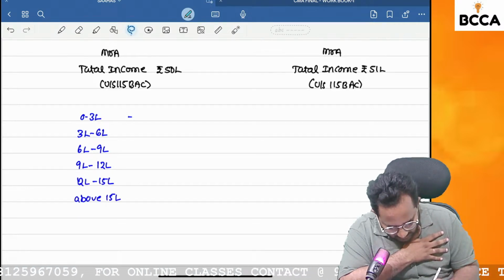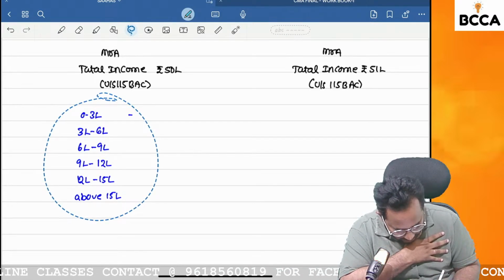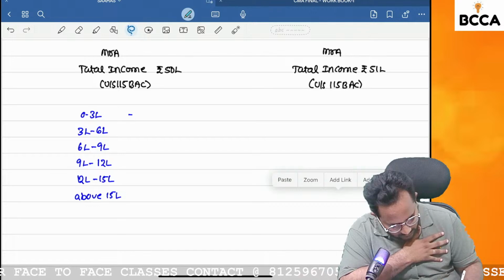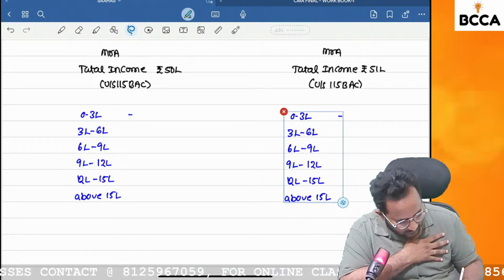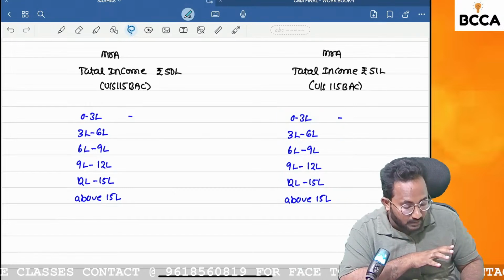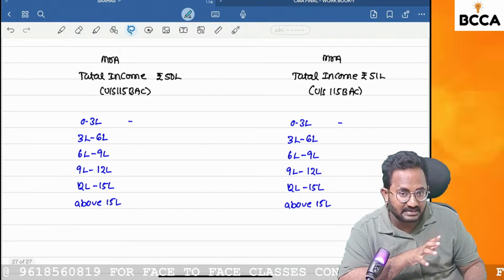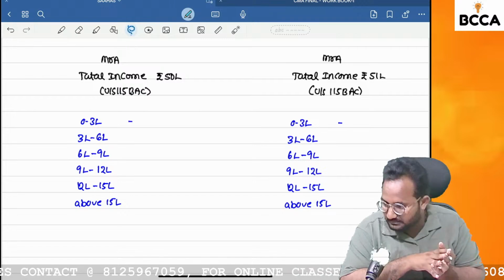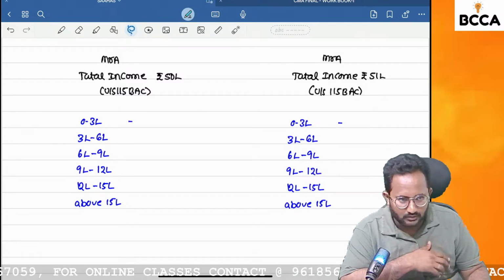The same calculation you have to apply here also. Yes, you have to add the surcharge, the same calculation. Just for the purpose of computing the tax on total income, you have to use the optional tax rates. That is the only change you have to follow.